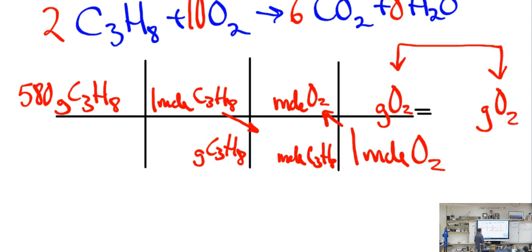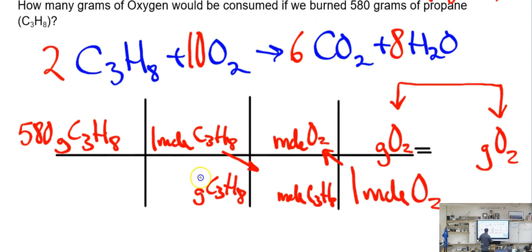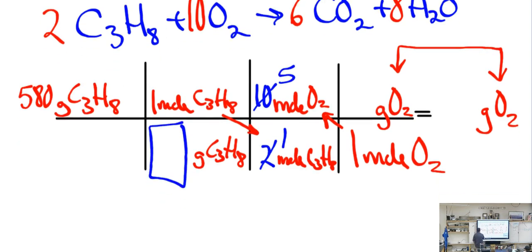So the easy ones, once again, typically the easy ones come from up here. There's a 10 in front of the O2. There is a 2 in front of C3H8. When I walked around, some people had already reduced this to 5 over 1. Is that okay? Yeah, it's fine. All right, now, grams of C3H8.